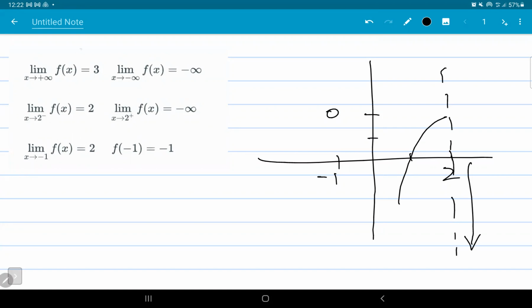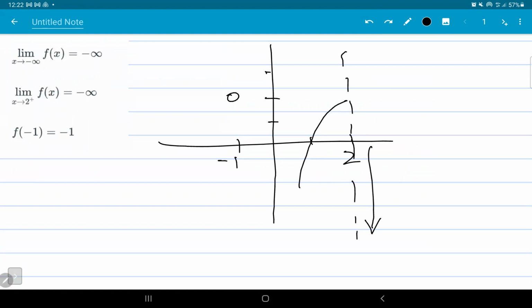And then as x approaches positive infinity, it approaches 3. So this is a horizontal asymptote. F of -1 is -1. So you have -1 here.